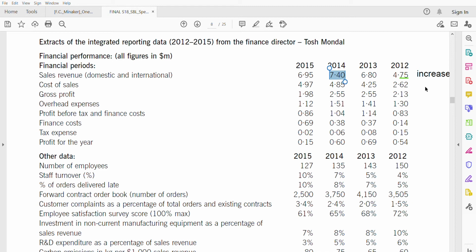Clearly they have told that it has reached the peak in 2014 before it fell by 9%. How did they get the 9%? You have to do a calculation just to say that it reduced by 9%.